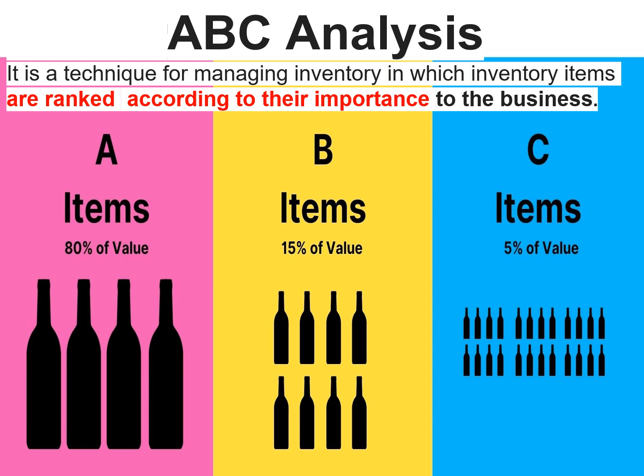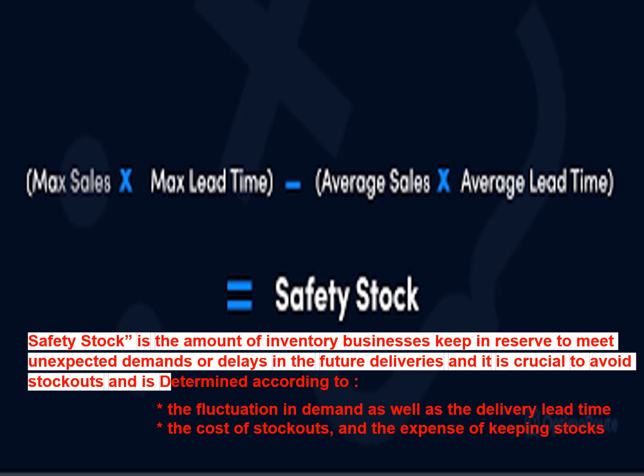Item C's are the least important items, which account for 50% of the inventory but just 5% of the value of the inventory.